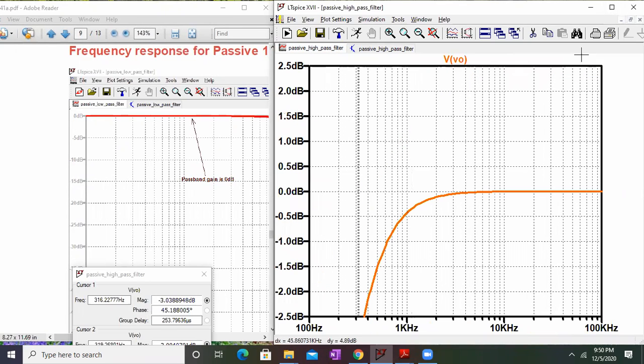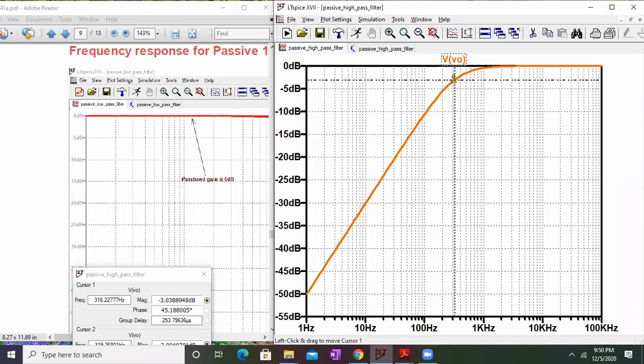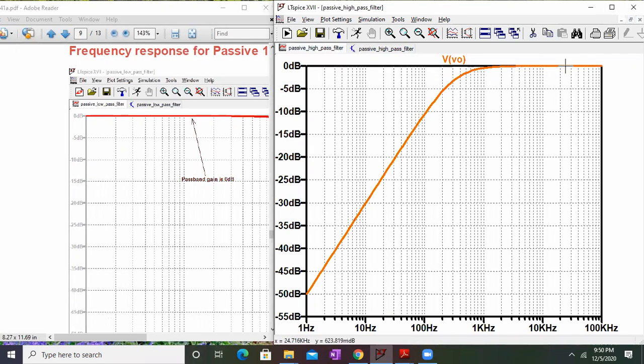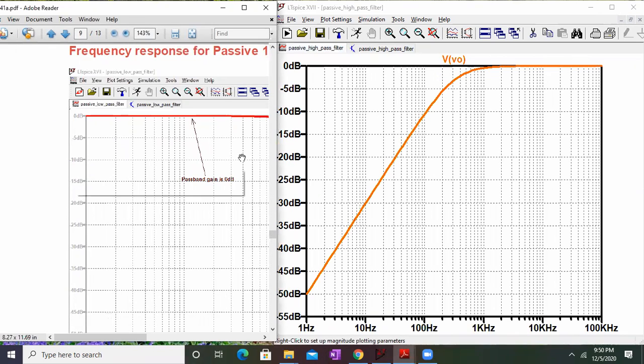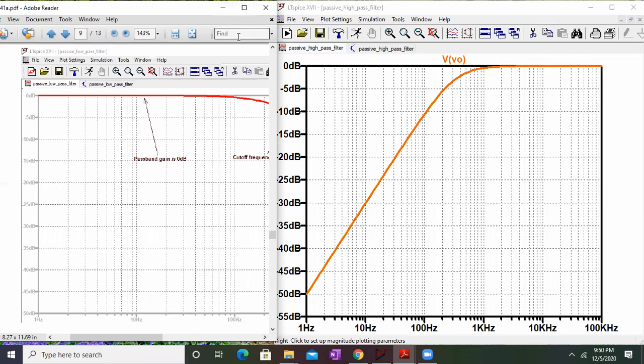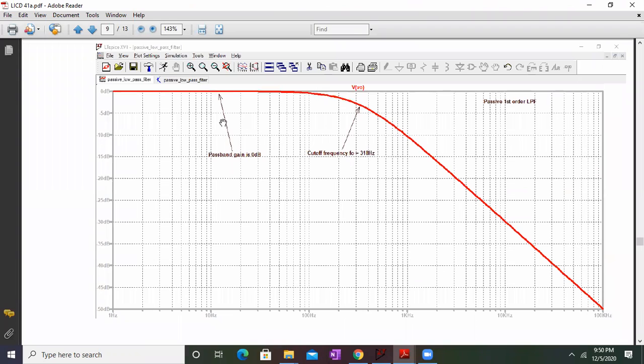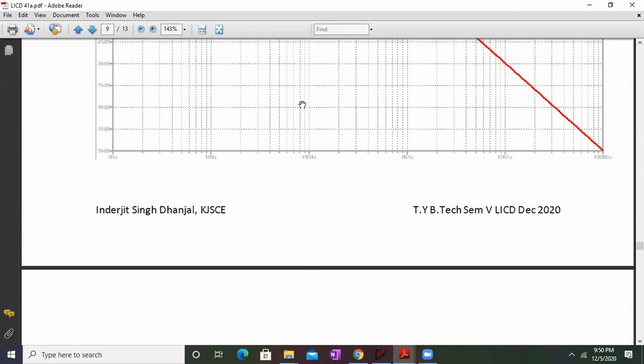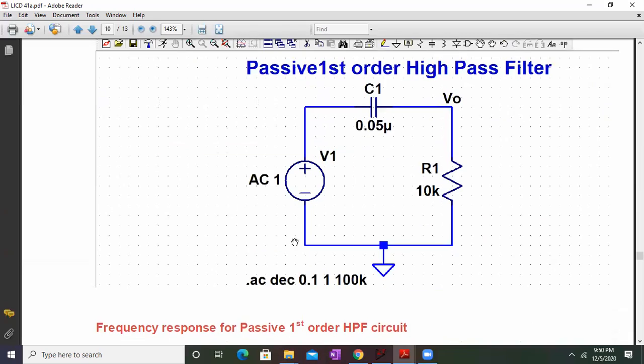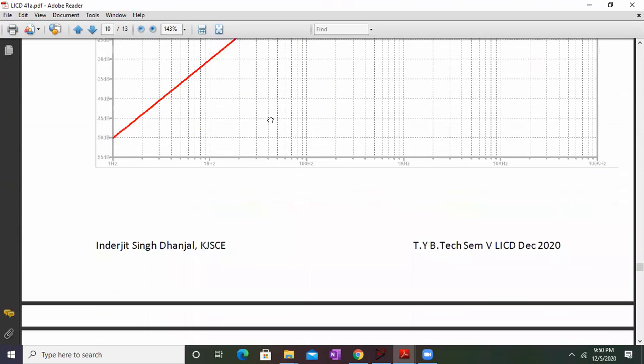As you can clearly see over here, the gain is 0 dB. We call it the passband gain. Passband gain over here is 0 dB. 0 dB means gain of 1. That is the normalized gain which we took. That's why the information about passband gain is written. So we have already seen its response.